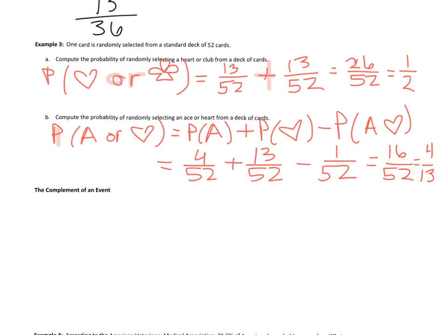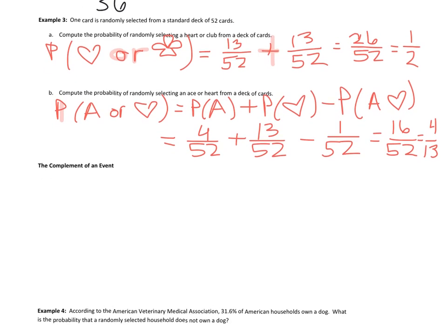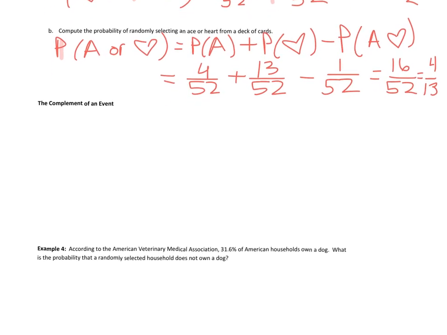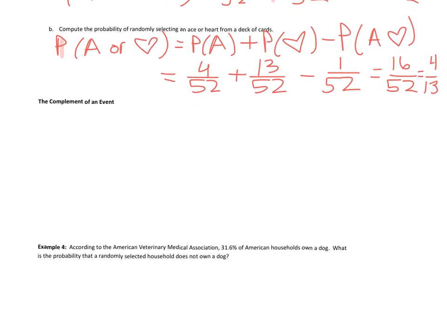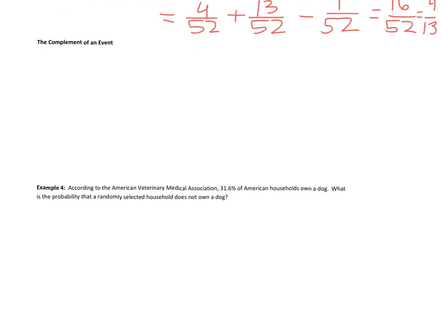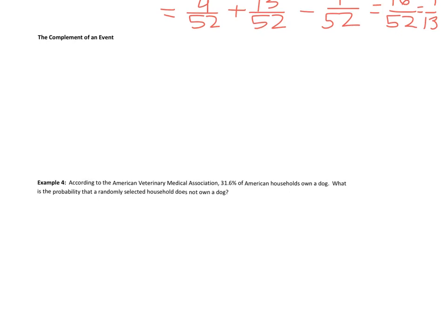All right, so the next part of this section is called the complement. So we're going to look at the complement of an event now. Let's go back to rolling a die. So remember, the sample space is the same as it was before: 1, 2, 3, 4, 5, 6.